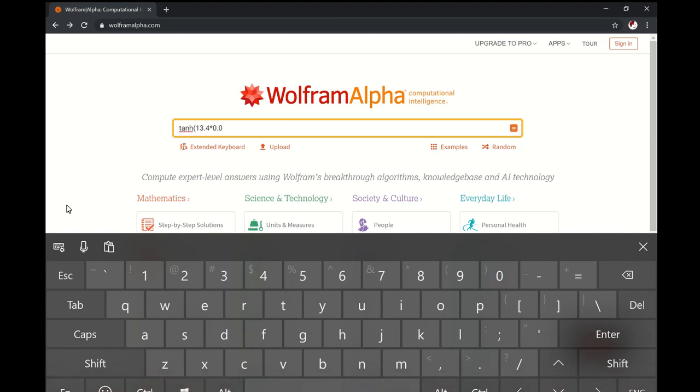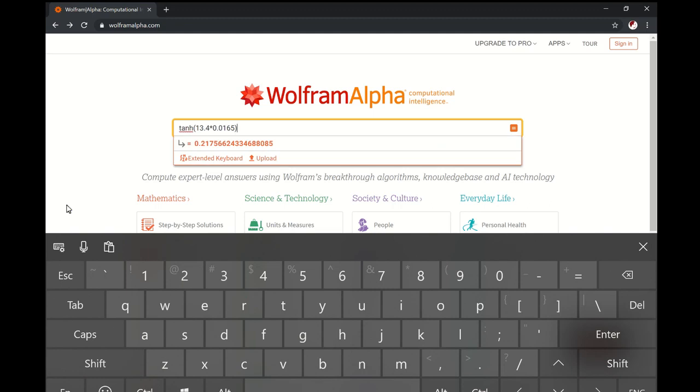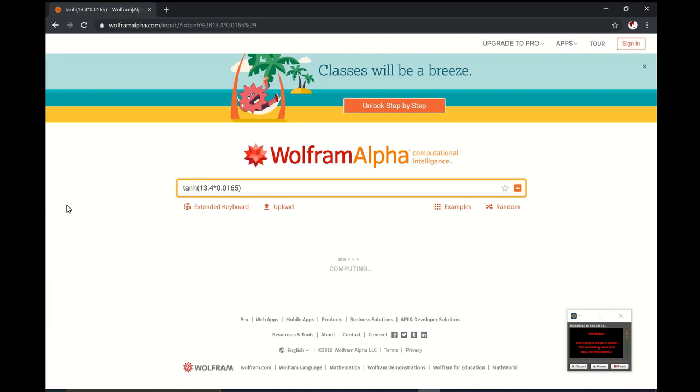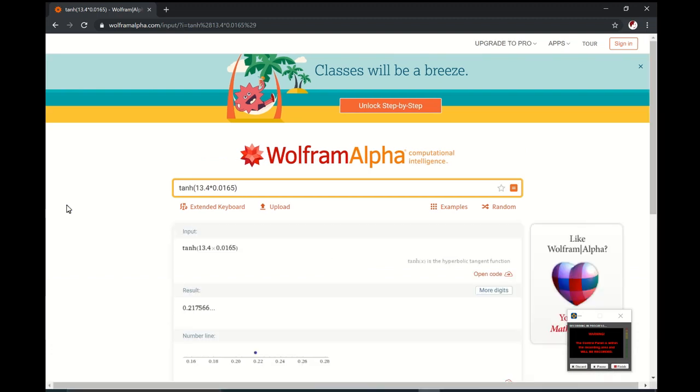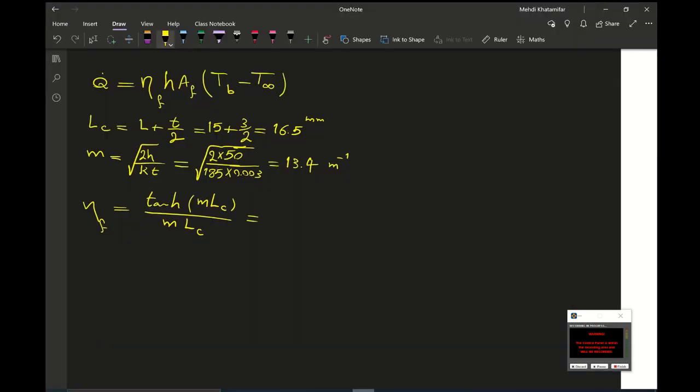So it is 0.00165 times 13.4, which is 0.2211. Let's see what the tanh value is. It is going to be 0.218. Let's write it here.